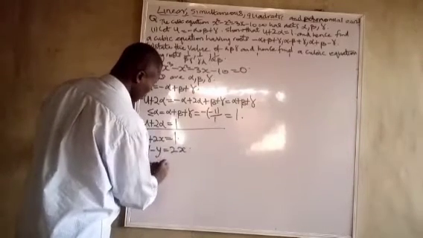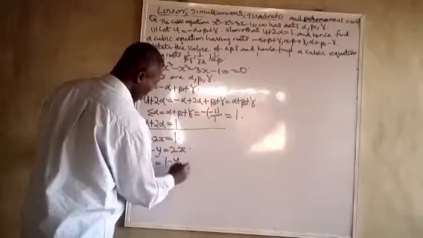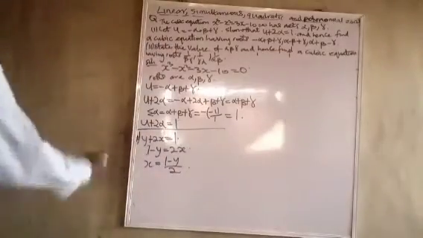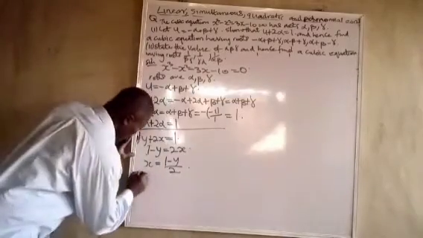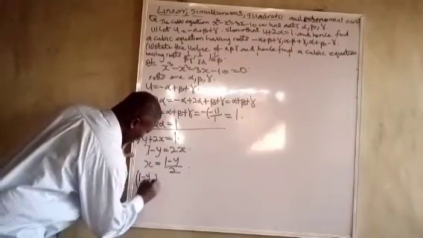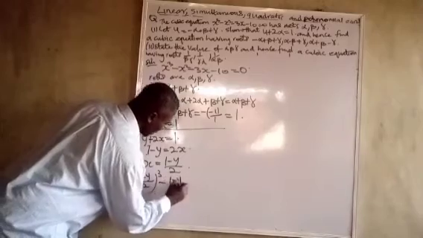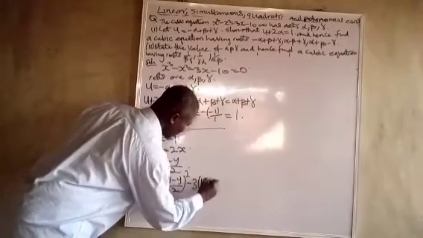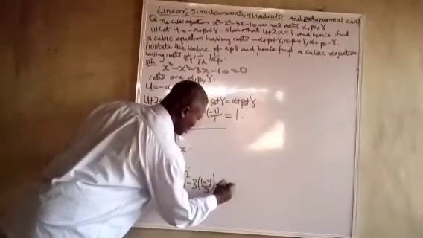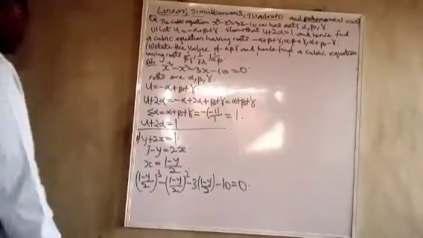So x equals 1 minus y over 2. So I have to substitute this into the equation now. So I'm going to have (1 minus y over 2) all cubed minus (1 minus y over 2) all squared minus 3 into (1 minus y over 2) minus 10 equals 0.